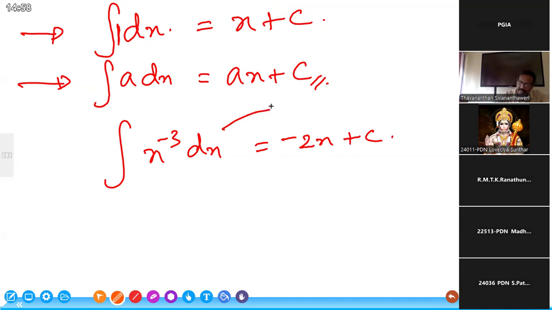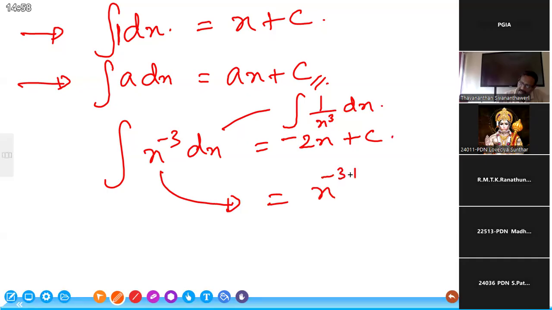So this is actually integration of 1 over x to the power 3 dx, isn't it? Same as that. Fine. So how to integrate this? That is equal to x to the power minus 3 plus 1 divided by minus 3 plus 1.